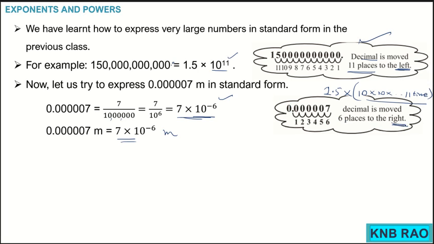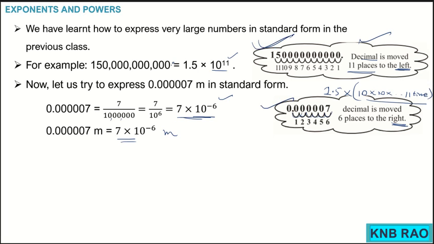So how many times you shift, that will become the power, but with a minus sign. So minus 1, minus 2, minus 3, minus 4, minus 5, minus 6. So 6 times we shifted, with a negative power, so minus 6 will come. So this is the shortcut.